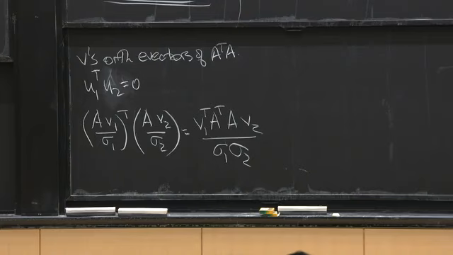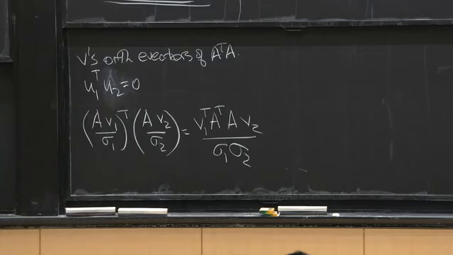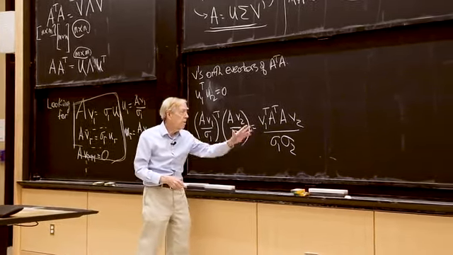And I'm hoping to get 0. Do I get 0 here? You hope so. V1 is orthogonal to V2, but I've got A transpose A stuck in the middle there. So what happens here? How do I look at that?